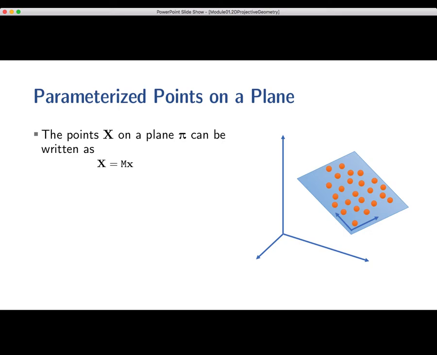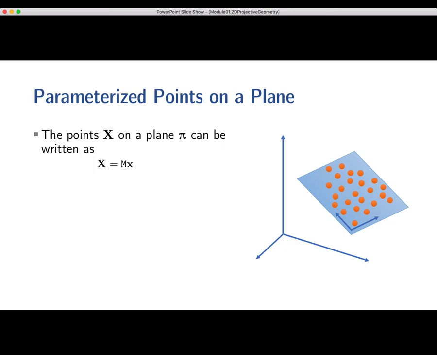In general, if I take an arbitrary 2D point, which is a 3-vector, I should multiply it with a 4x3 matrix to get a 3D point. So there must exist some matrix M of dimension 4x3 which translates between these 2D points and 3D points.